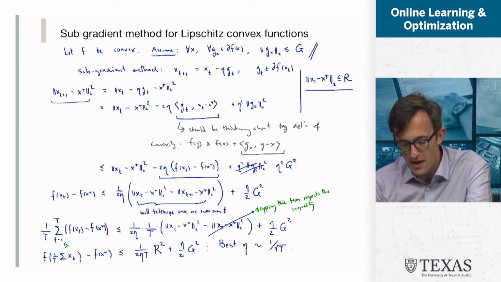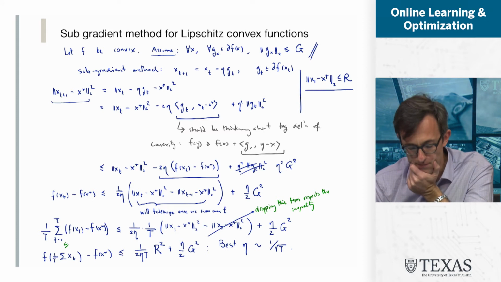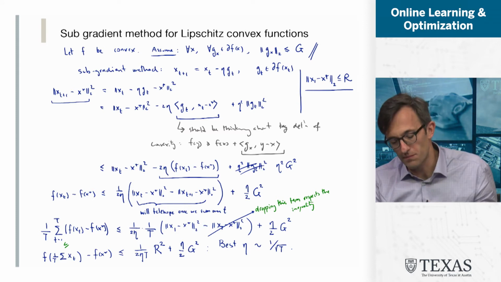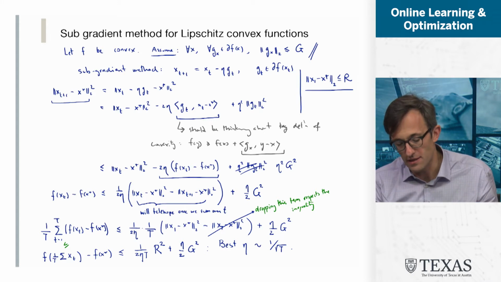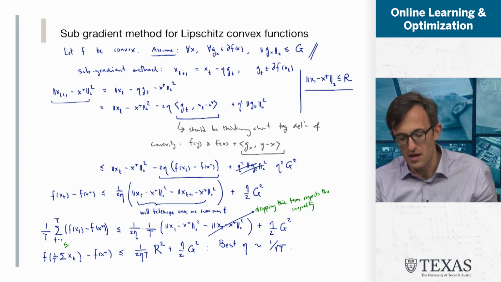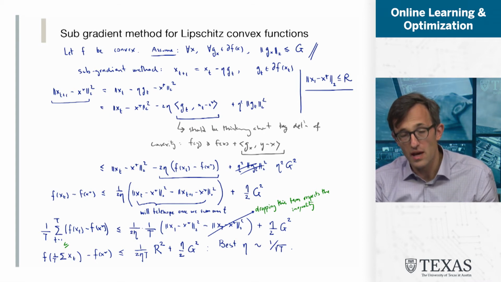So how can you actually verify that for yourselves? Well, first of all, just intuitively, looking at these expressions, I've got a 1 over eta t and some other constants. And then I've got an eta in the numerator. So if eta is 1 over square root of t, the first term, 1 over eta t, looks like 1 over root t.